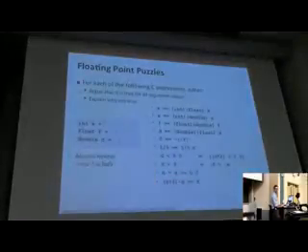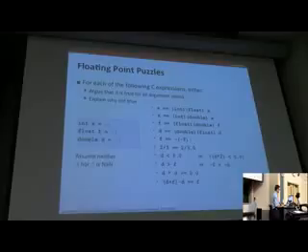If we take x, which is an int, cast it to a float, and then cast that back to an int, will that always be equal to x?